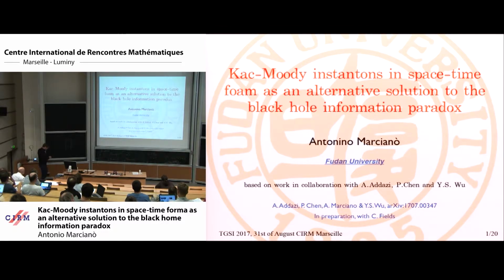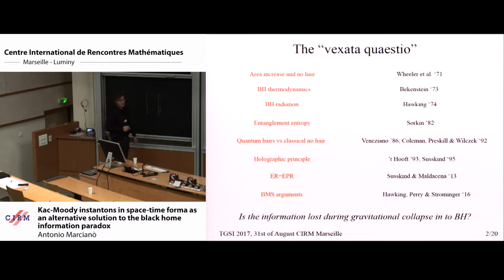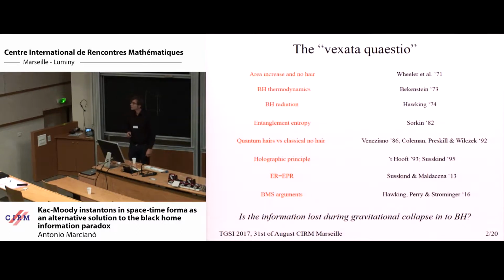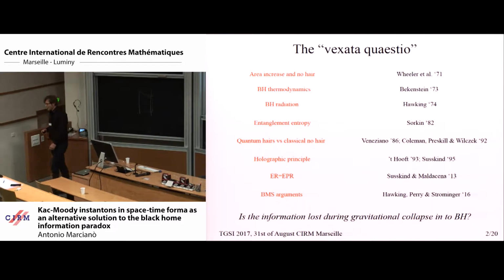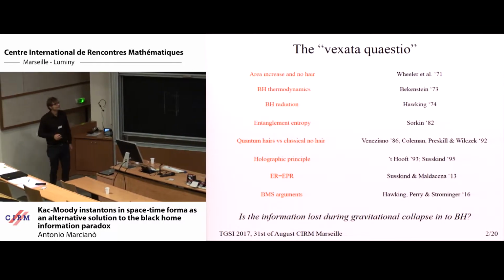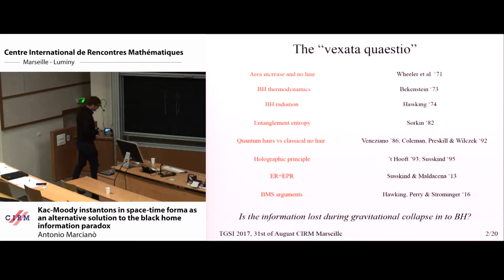So let me start and go directly to the main point here and summarize a little bit what is the problem, so the vexata question. Work done very far back in the days by Wheeler and other people pointed out that the area of the horizon of a black hole always increases, and the no-hair theorem.